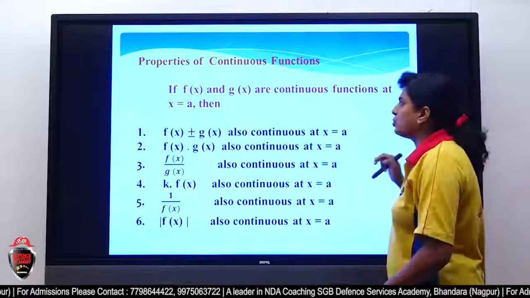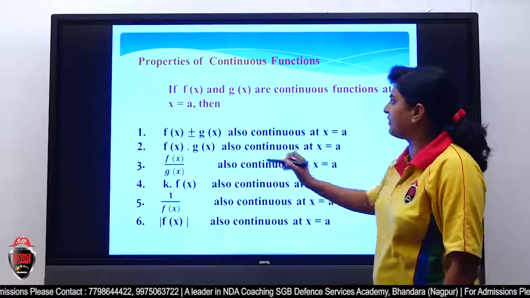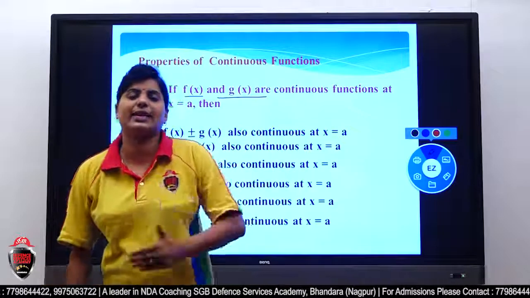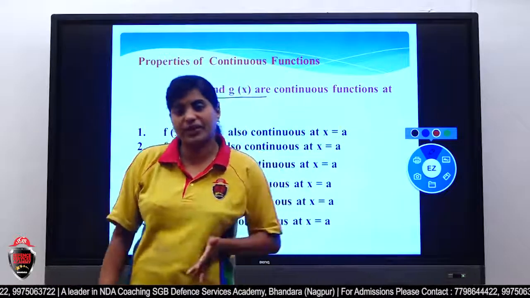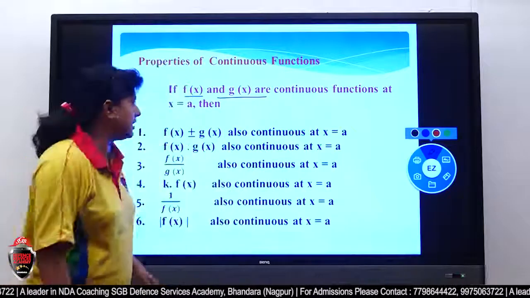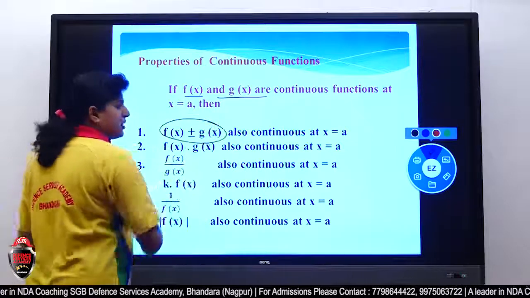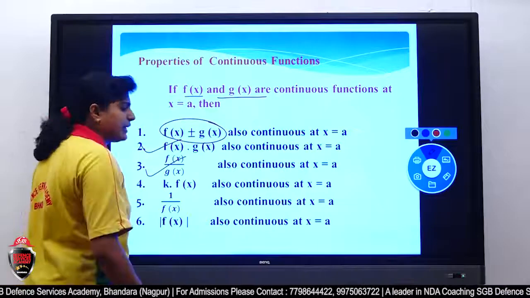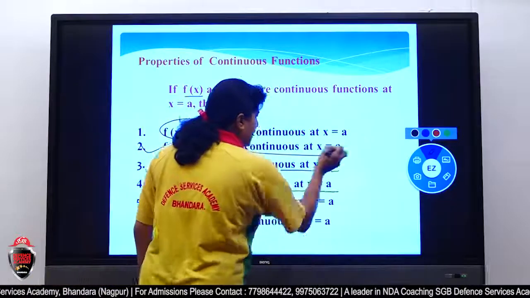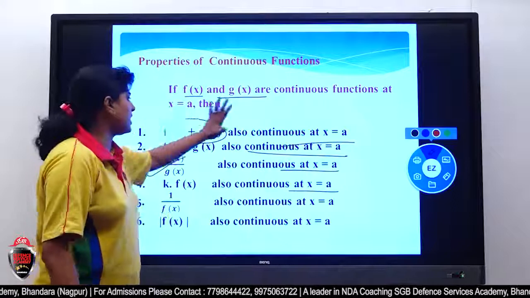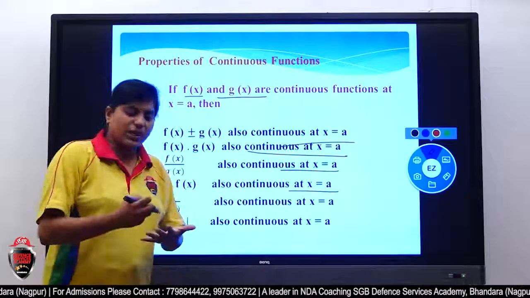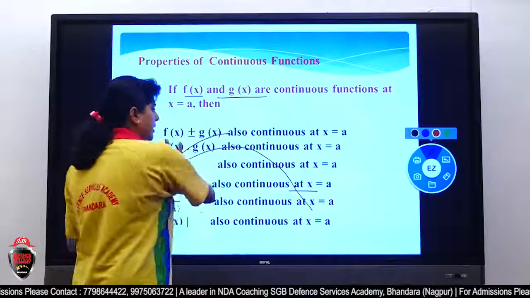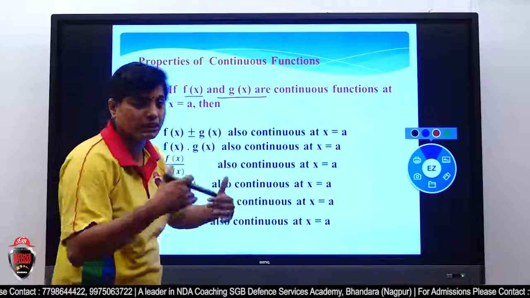If there are two different functions, the first f of x and the second g of x, and both functions are continuous in their given domain, then the addition, subtraction, multiplication and division of the two continuous functions are continuous at that point. All are continuous at a particular point.